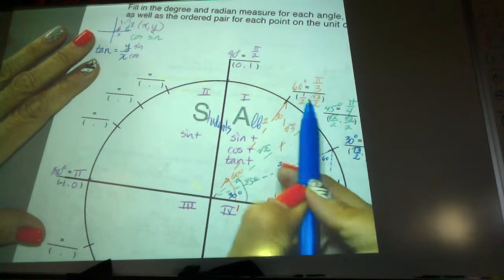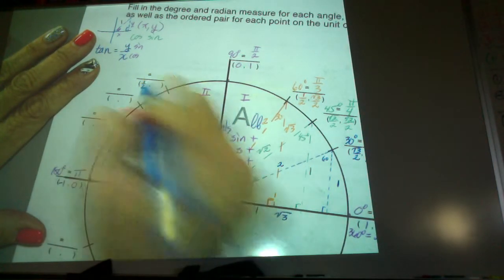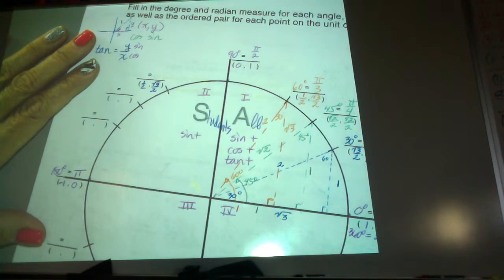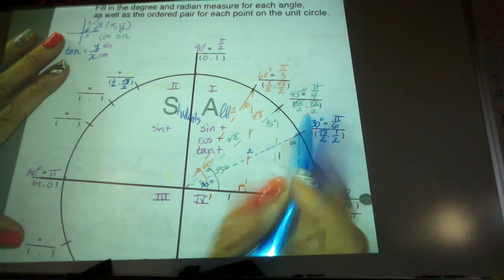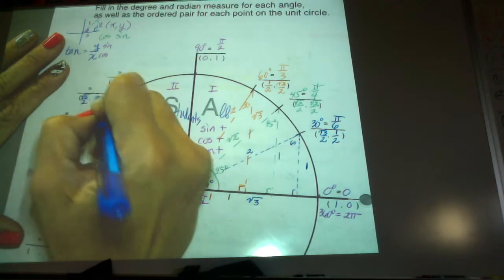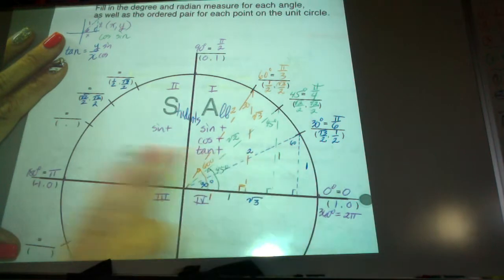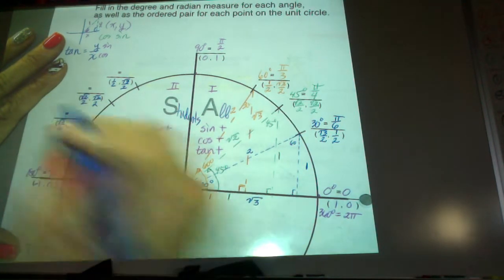I'm going to take this and slide it directly across here, and I get 1 over 2, and radical 3 over 2. And then I'm sliding the middle over here to the middle, rad 2 over 2, rad 2 over 2. And I'm sliding this over here, rad 3 over 2, 1/2.